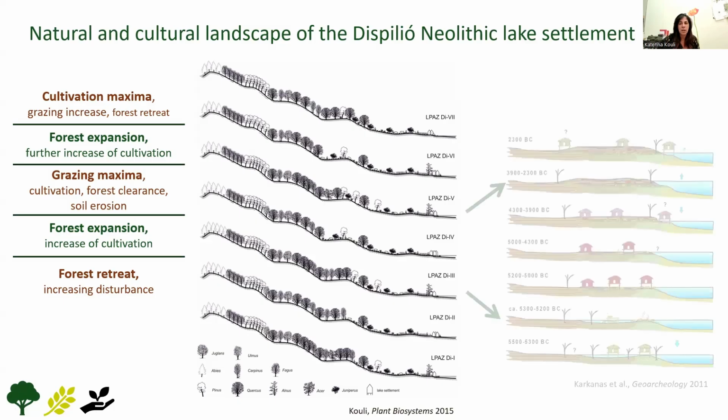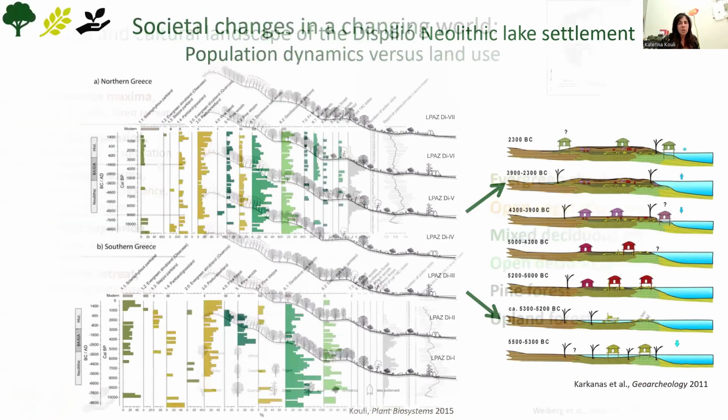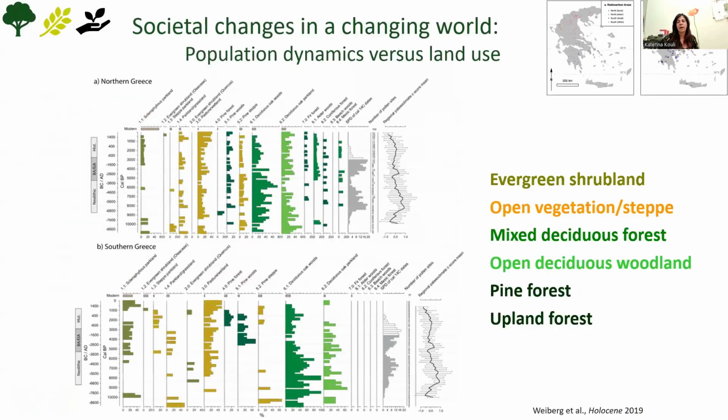If we want to see it in another way, this model presents the different phases of the houses, of the people living there. But it is not just a site. Every site has its own story.